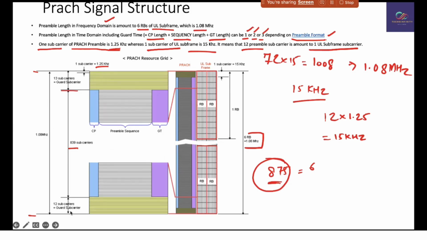You see 839 subcarriers, which is called root sequence indexes, and 13 this side, 12 this side, so 839 plus 25, 864 or something like that, in 1.08 megahertz. This is for 4G.